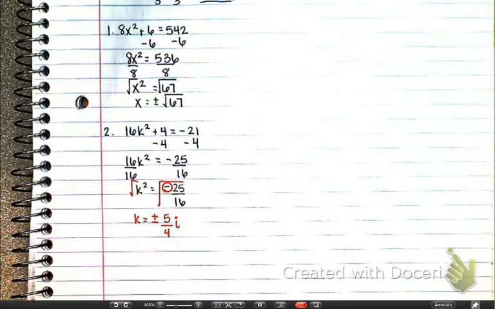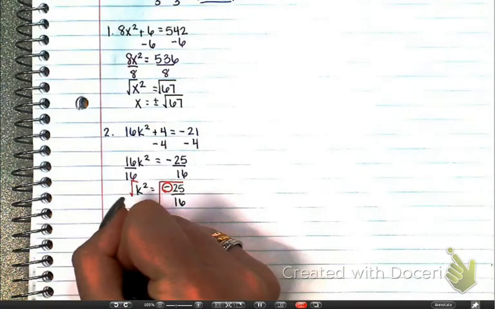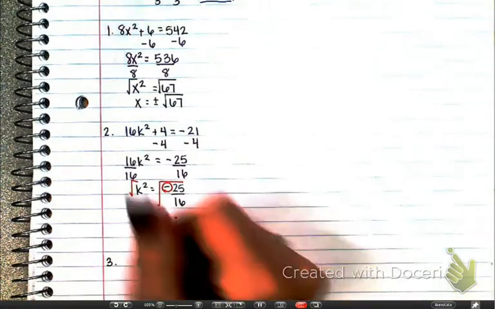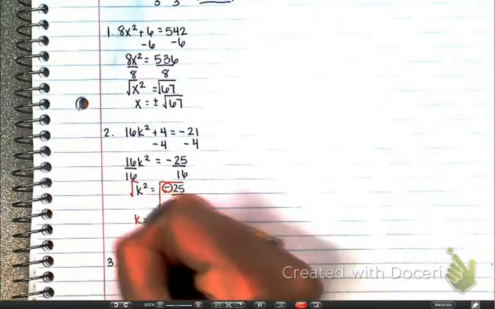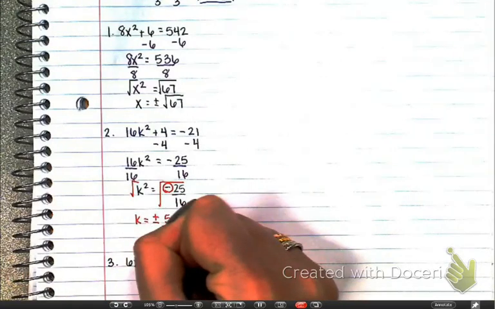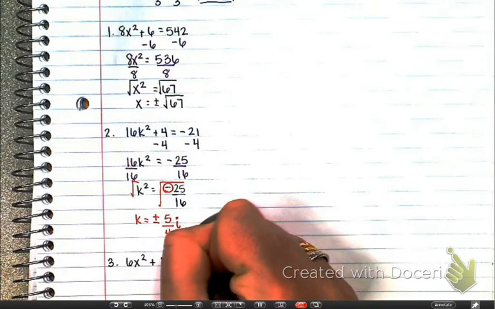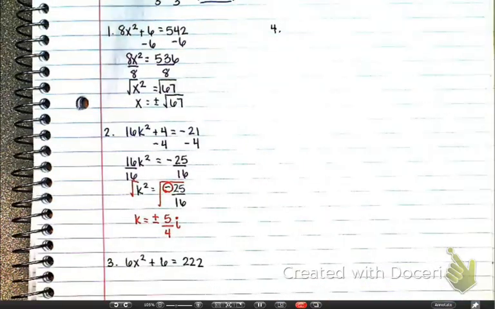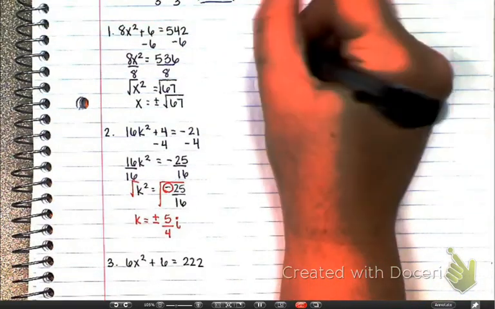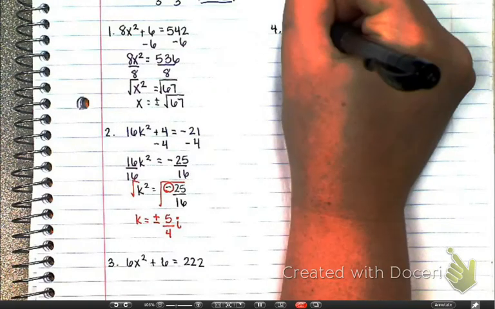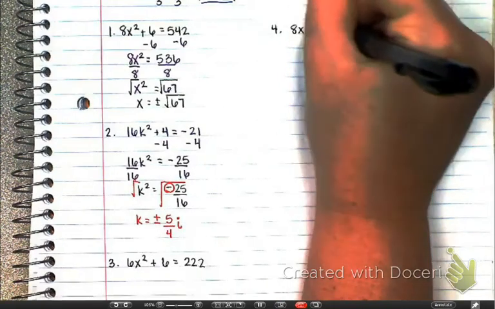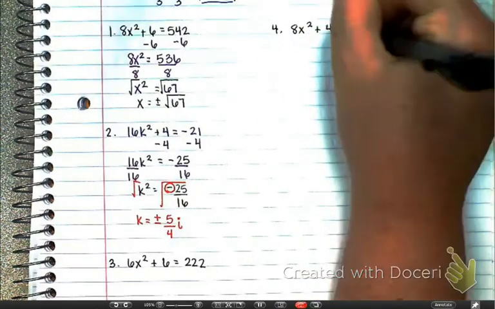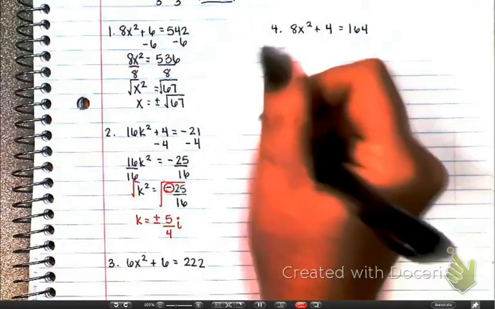Okay. I'm going to give you a few problems to try, and then we will go over those and we will be done. So go ahead and try 6x squared plus 6 equals 222. 8x squared plus 4 equals 164.